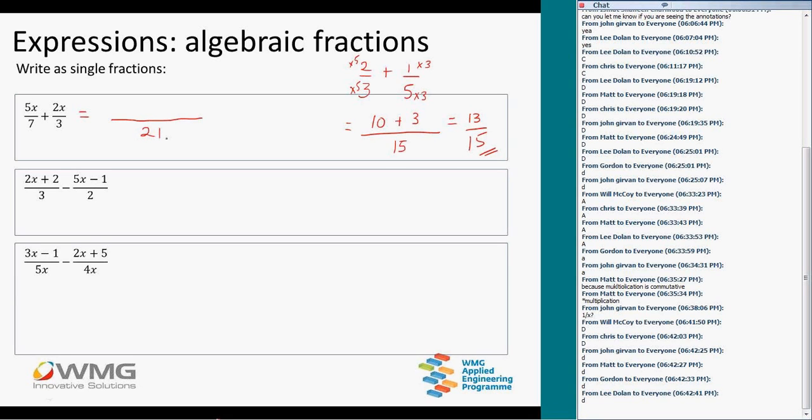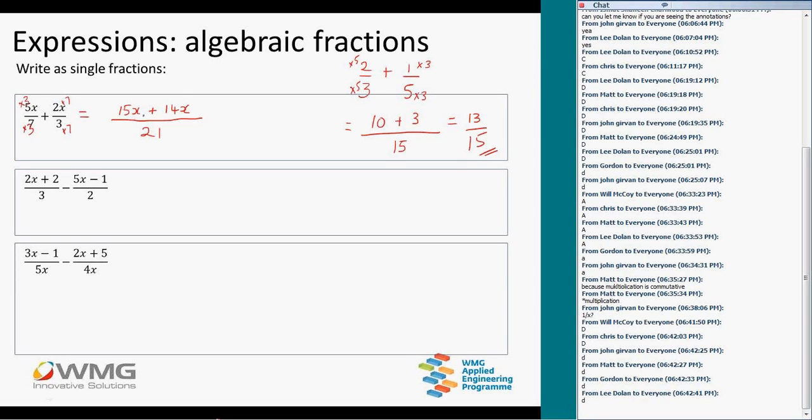So 5x becomes 15x. The other had to be multiplied by 7, and so is the numerator, which means 2x becomes 14x. So 15x plus 14x over 21, which is now 29x over 21.